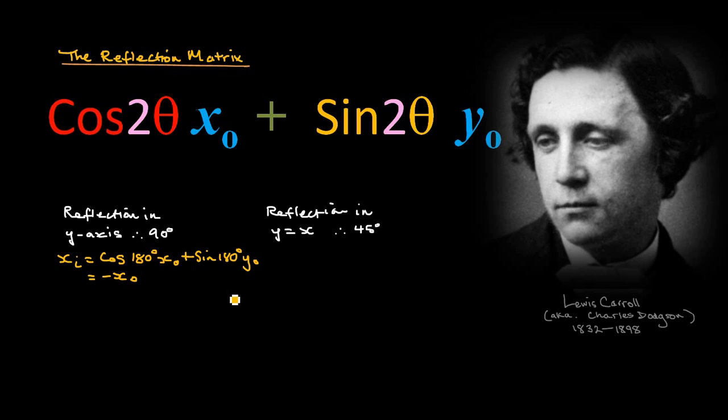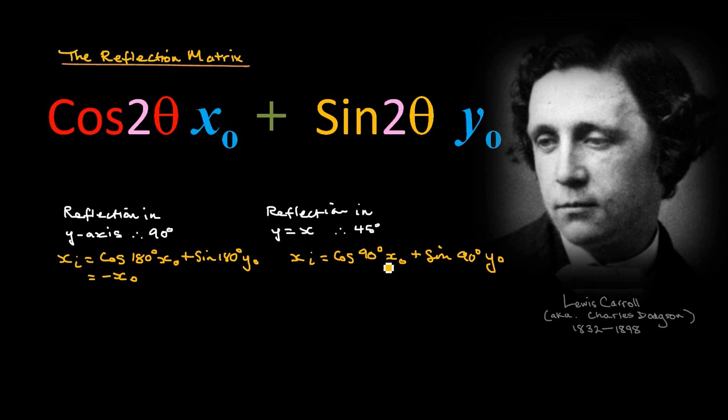So, what about reflection in y equals x? Well, the x coordinate of the image in this case again follows this formula. The only thing that changes is the angle, and we've got 45 degrees now. So the cosine of double 45 degrees, 2 times 45 degrees, is the cosine of 90 degrees times the x coordinate of the object, plus the sine of 90 degrees, so double 45, times the y coordinate of the object.